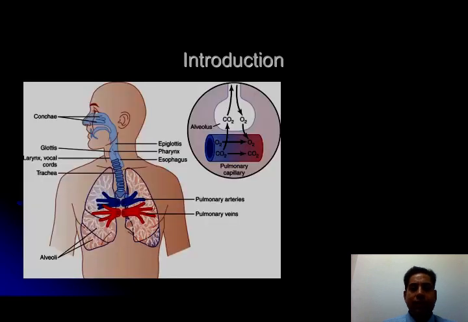So if you look at the functional anatomy of the lungs, respiration basically consists of two portions. The external respiration, which is the simple taking in of air, and the internal respiration, which occurs at the cellular level, whereby substrates are broken down for the production of energy in the presence of oxygen.